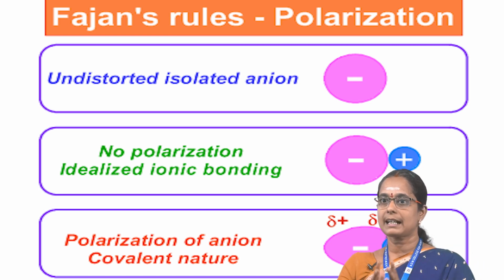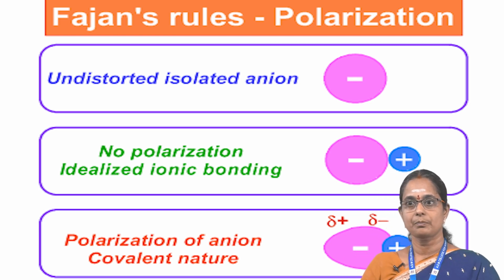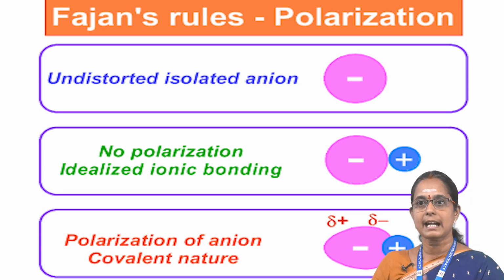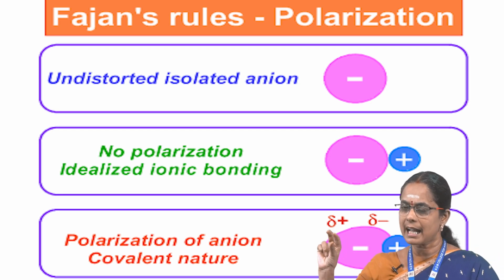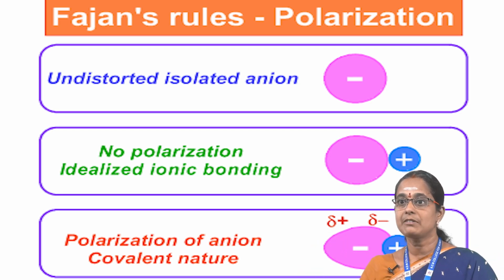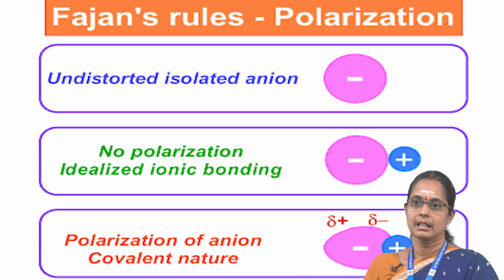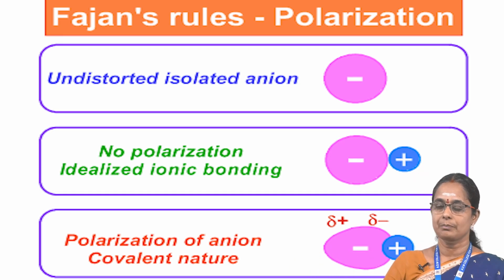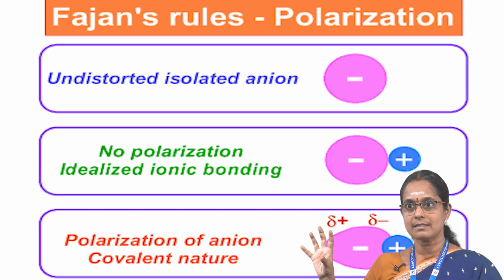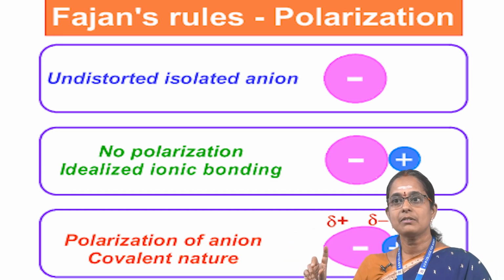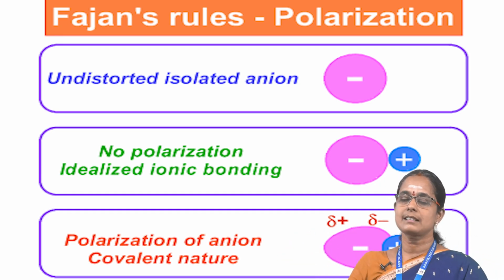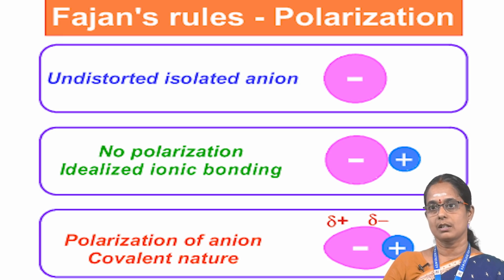So what are the factors affecting Fajan's rule? The first one is the size of the cation. If the size of the cation is small, it will have greater polarizing power on the anion. If the size of the anion is large, it will have a greater tendency to get polarized by the cation.